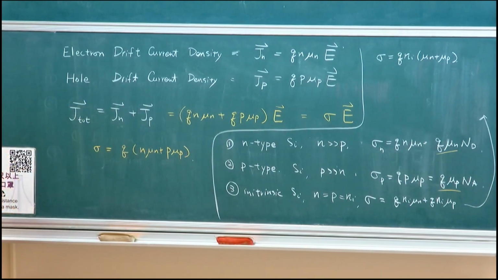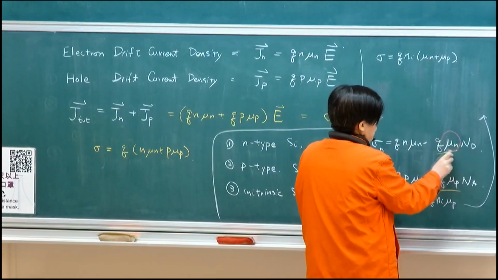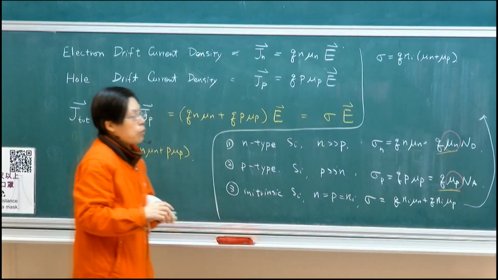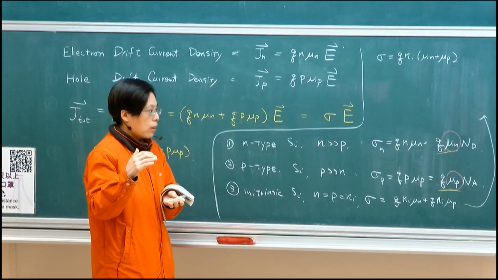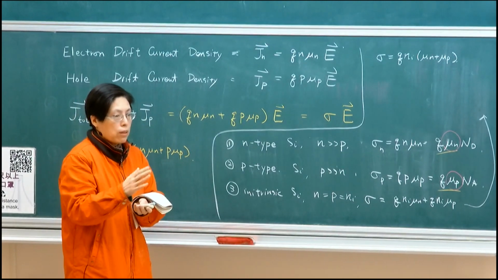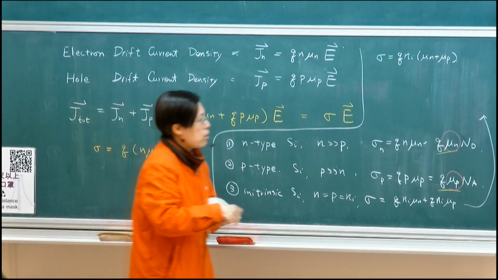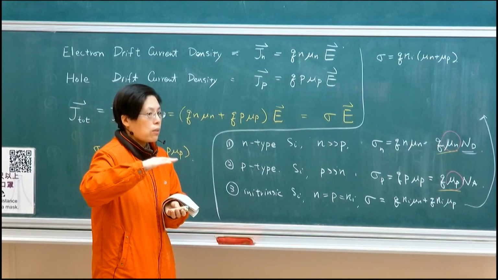So in all these three types of semiconductor, which one is most sensitive to temperature? What do you think? In most of these cases, as I said, there's some temperature dependence on mobility. If we ignore that, your conductivity mostly depends on carrier concentration. In these two types of material, your carrier concentration is fixed. Whatever amount I put in will mainly dominate my carrier concentration, so it remains relatively stable.